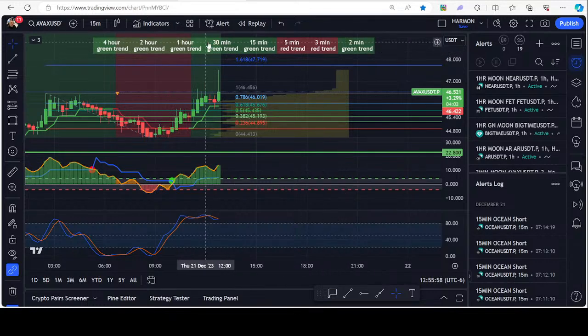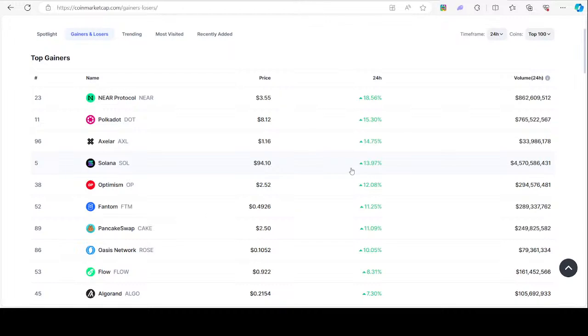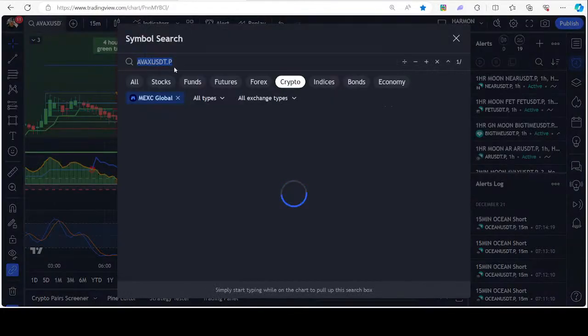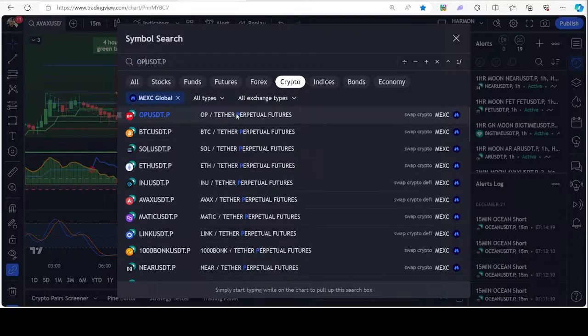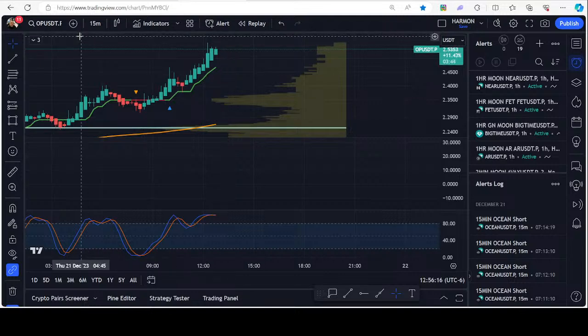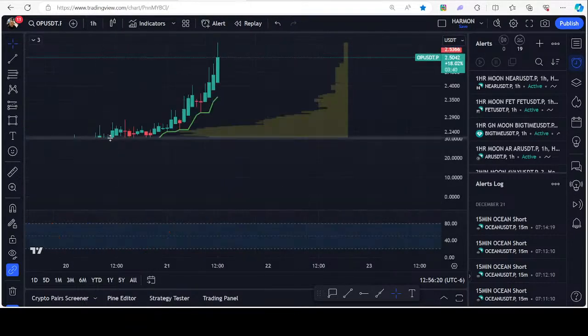I would hunt AVAX down. What else? Top cryptos. Polkadot, AL, Solana, OP. Let's go look at OP. The Polkadot doesn't have any entry for long. Where's the RSI?